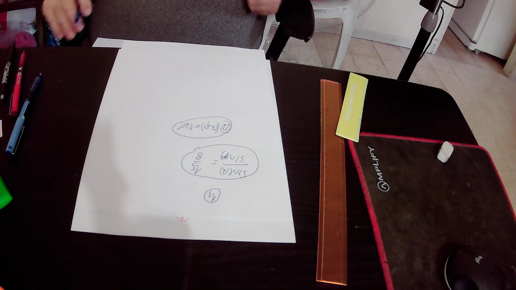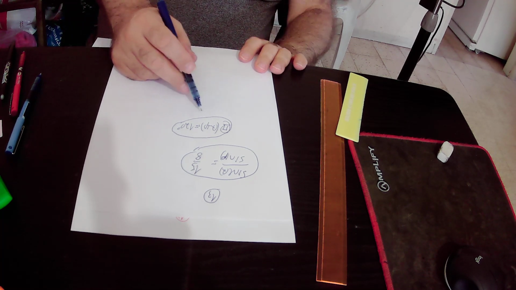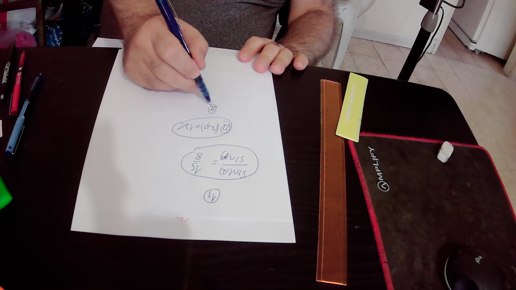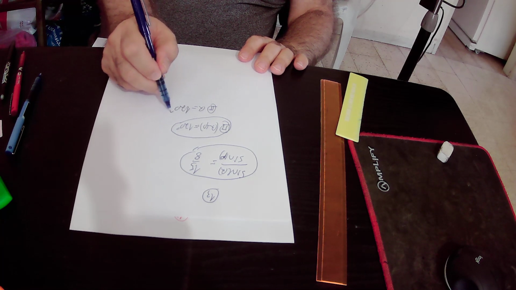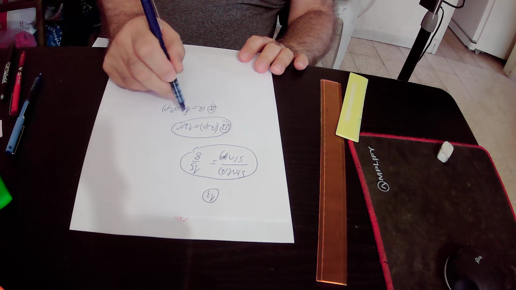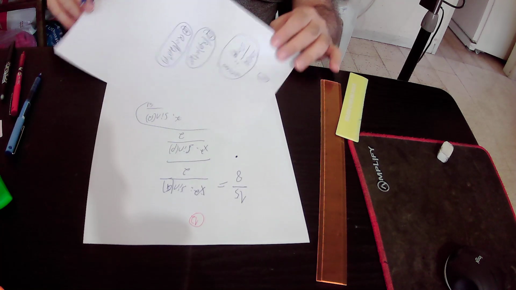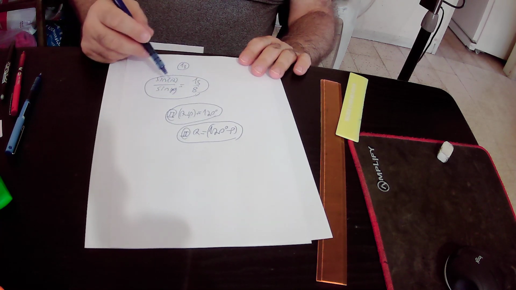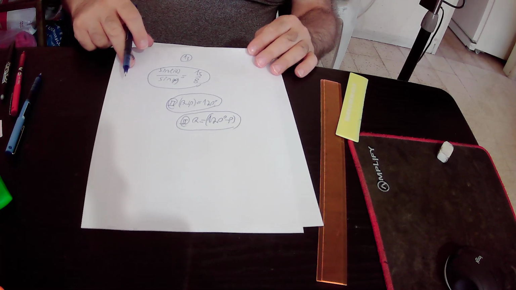We will subtract P from equation number 2, and we will get that Q equals 120 degrees minus P. So here we can substitute Q by 120 degrees minus P.